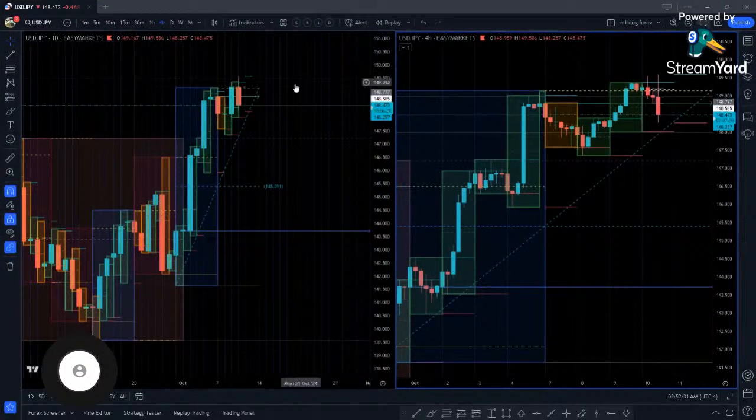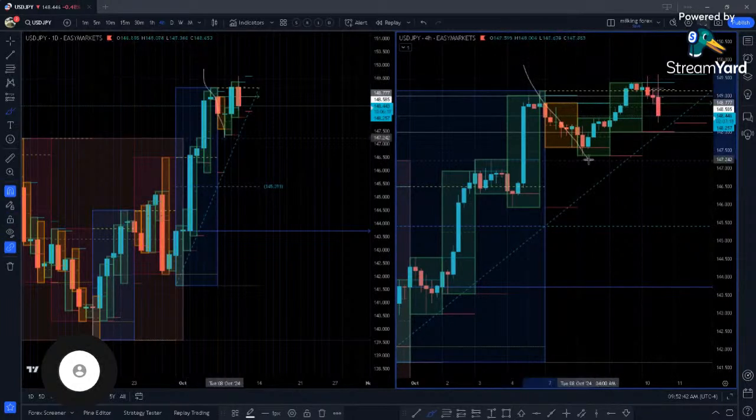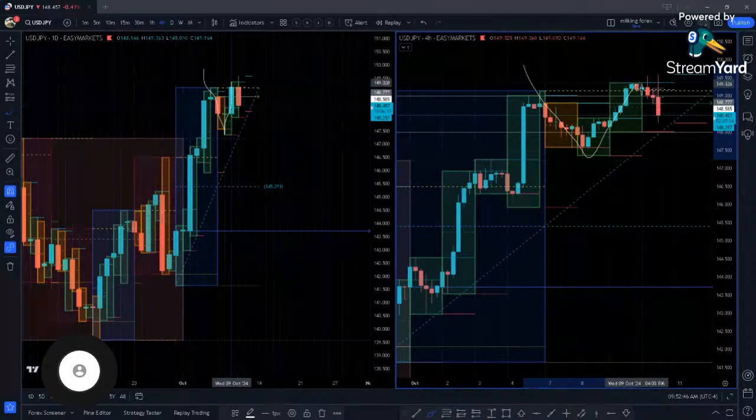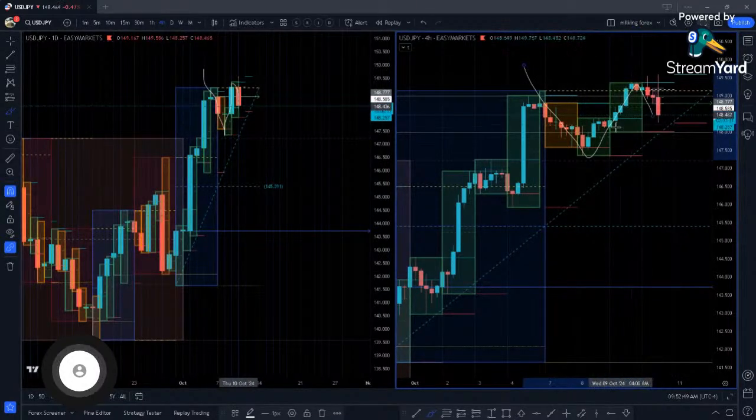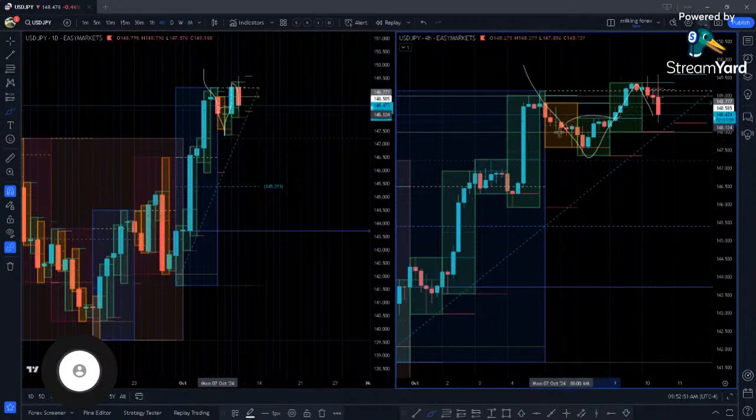Okay, guys, if you see here what I'm talking about, on a higher time frame the price is here, right? So this is how the price was actually going. This is how the price was going. So this is a candle that has been formed, that is basically a support, right?